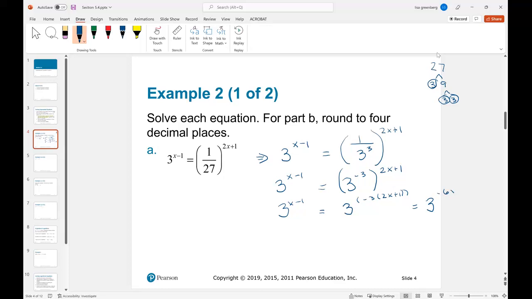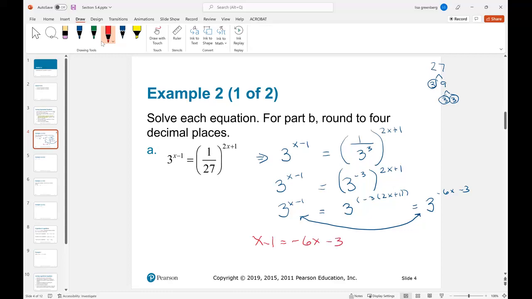So I get negative 6x minus 3. So I'm really actually equating this to this. So my bases are the same, which means I can just take my exponents and say they're equal to each other now.